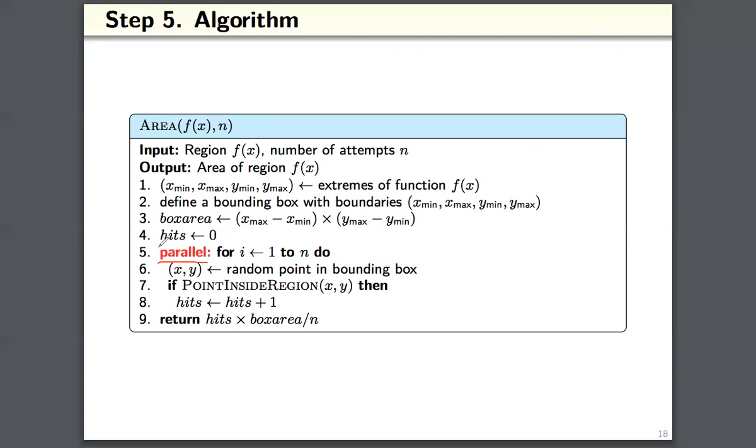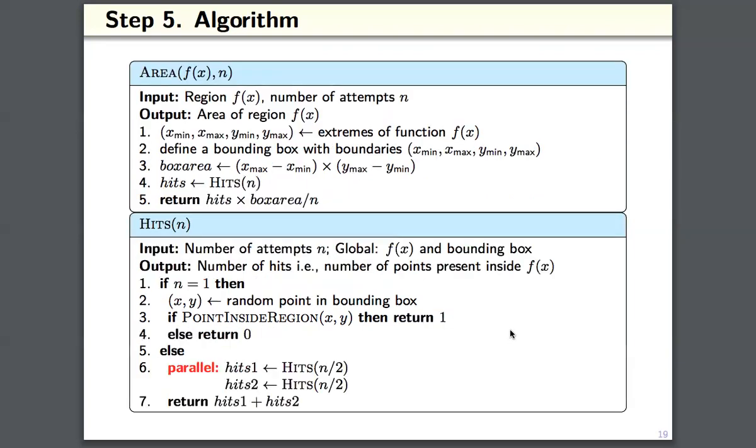Whenever you use a parallel for loop in a parallel program, the way the compiler solves this problem is something like this. Internally, you can assume it solves the problem like this. Hits is equal to hits of n. That function is a recursive divide and conquer function.